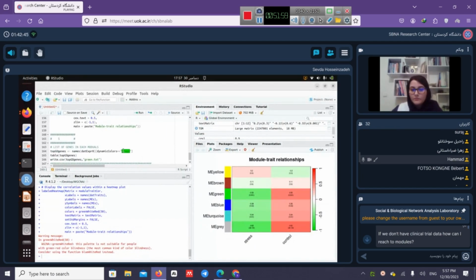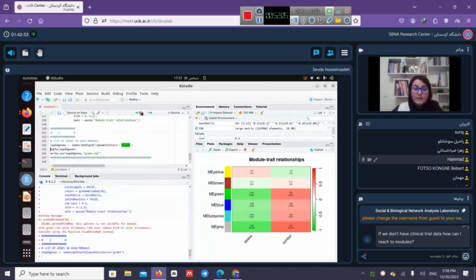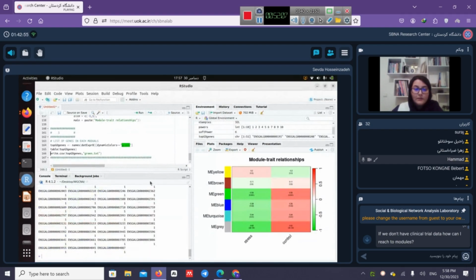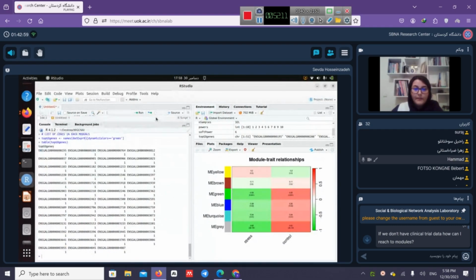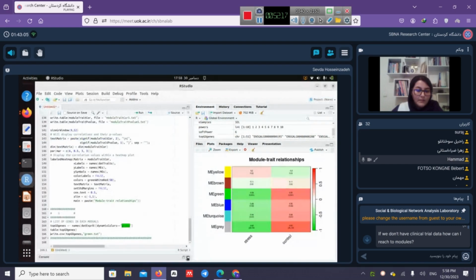For example, one of the significant module names is green, and by this code we can get the list of genes in module green, and all of these genes are in module green. And also you can choose another two, and don't worry about that. For example, you can choose other color names, maybe yellow or others.